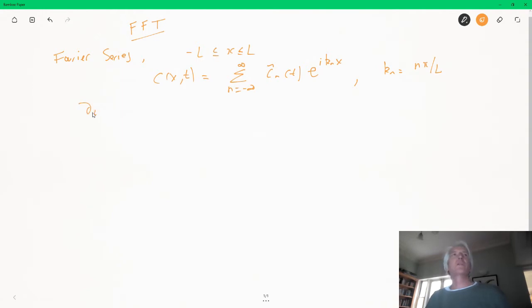So our diffusion equation is dt c equals D d dx squared c.